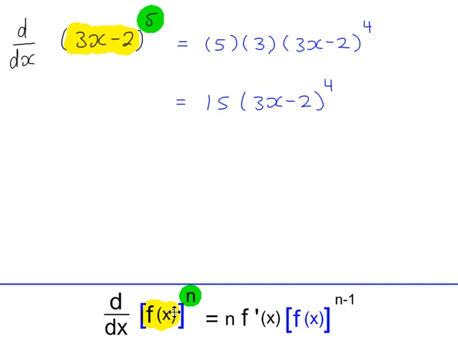The great thing with using this formula is that f of x can be any function of x. We're not restricted to linear functions of x, for example. This could be anything.